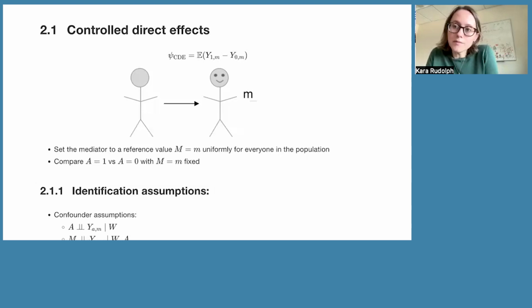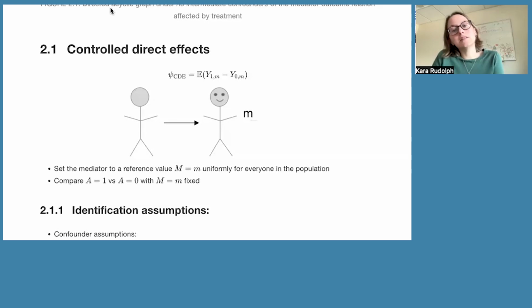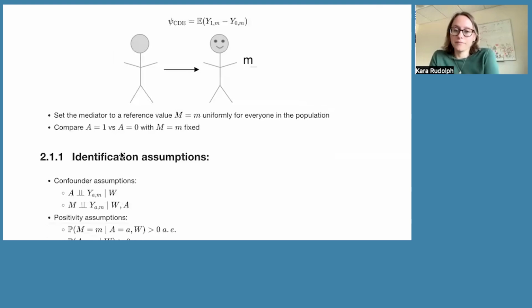Our second unobserved confounding assumption for controlled direct effects is that there's no unobserved confounders of the MY relationship. And so what that means is that, as long as we have all our confounders measured in W, then we don't have a problem. Then we can meet that assumption.